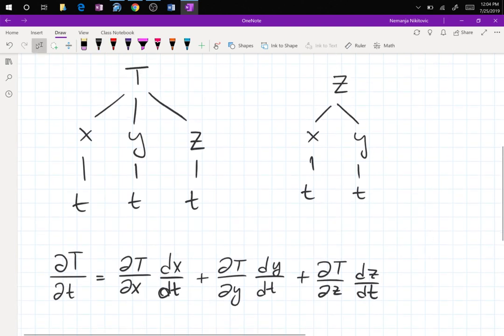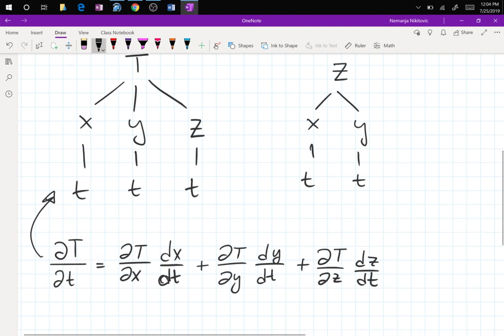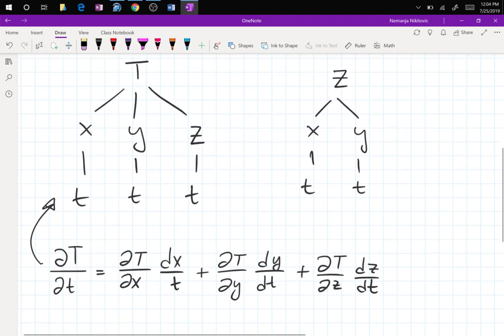So this would be the derivative here. Please note that we added all of the changes together because all of these are pointing towards the time.